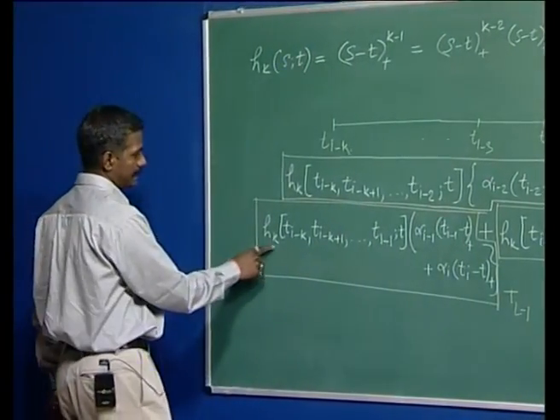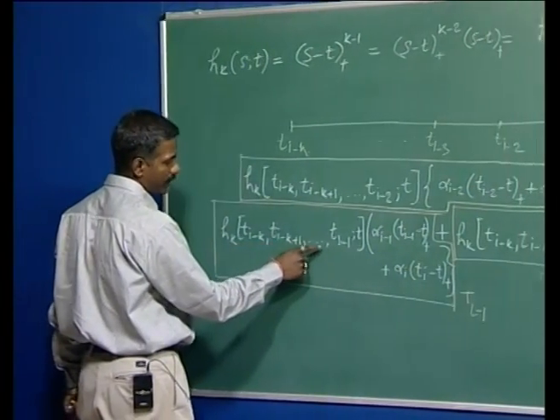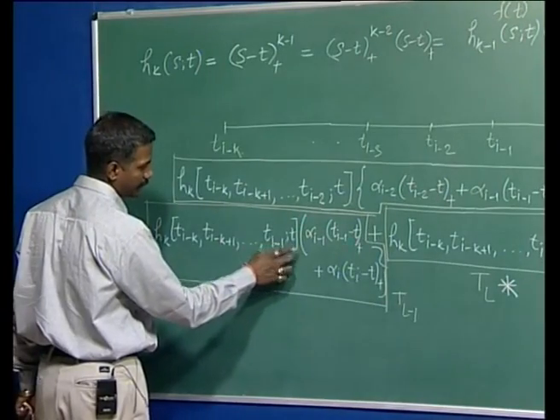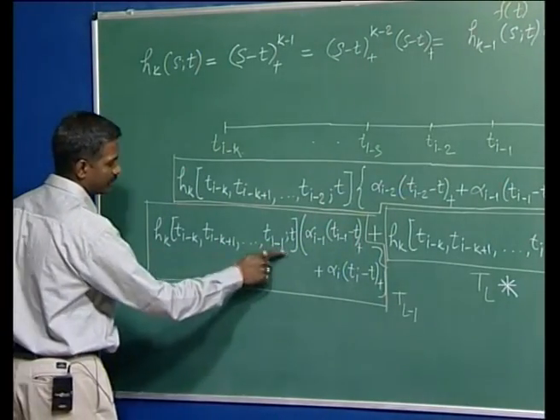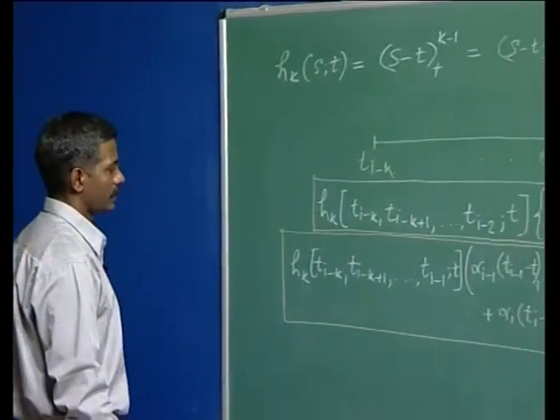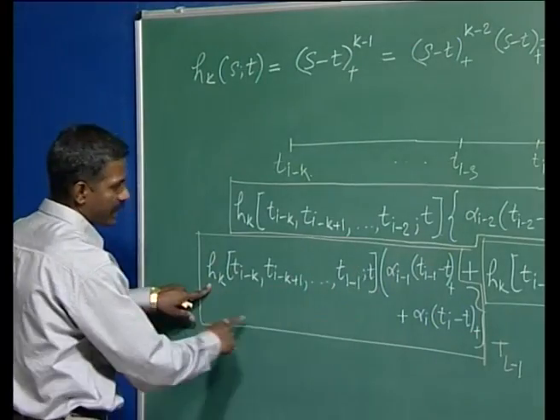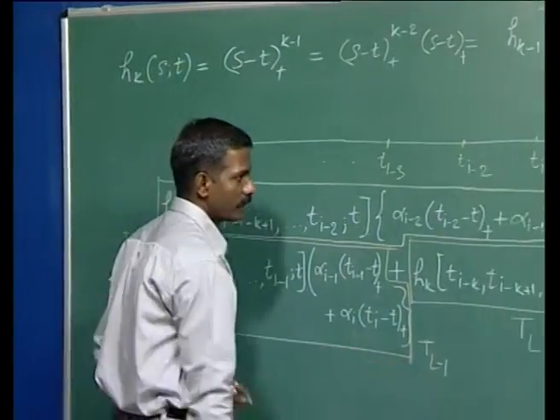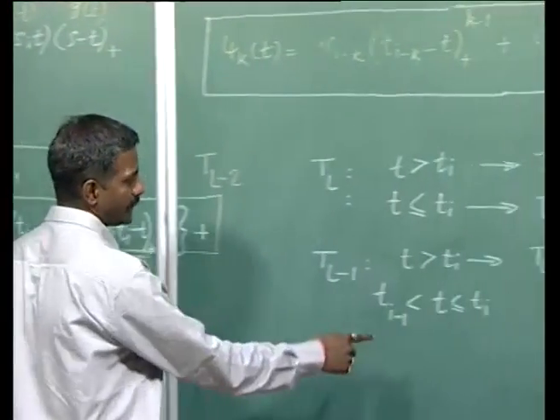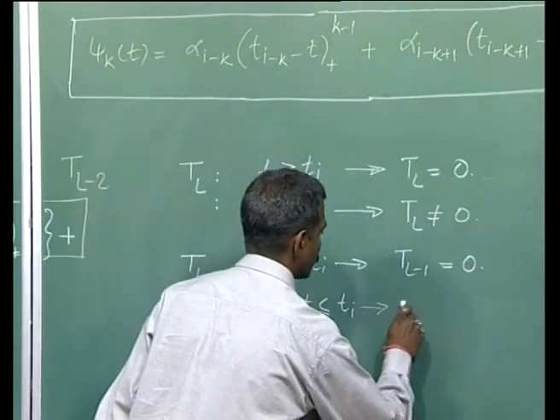And so h_k(t_i-k, t_i-k+1, up till t_i-1; t), this expression here, will be 0. So to summarize, this entire expression here, T_L minus 1, for values of t greater than t_i-1 would be 0.